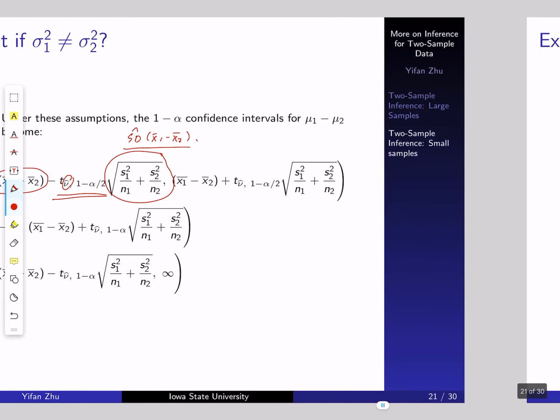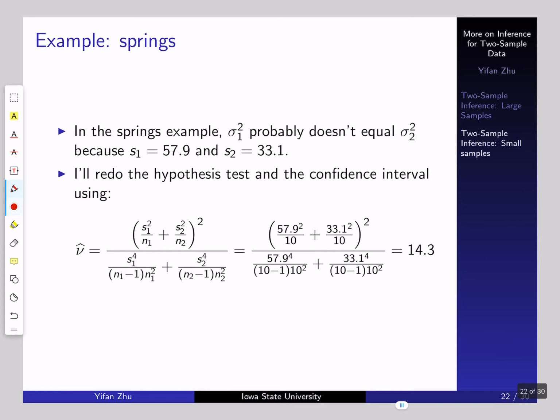Okay, and so we can do the springs example again, assuming that the homogeneity of variances assumption does not hold.